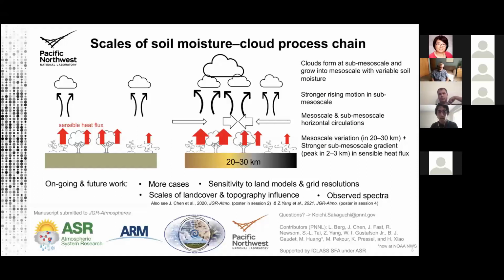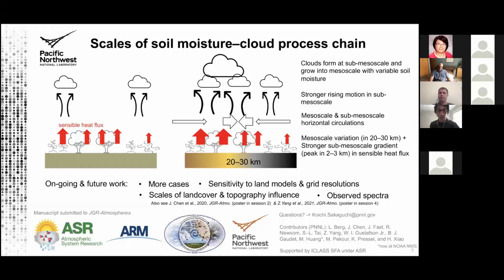And then when we look at the domain average, that small fraction of hotspots does change the domain-average precipitation, cloud cover, and other statistics. And for future work, we have a bunch. We have more cases. And we are also interested in scales of processes related to land cover and topography.